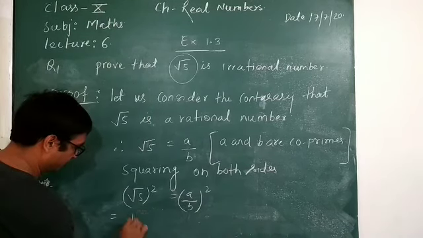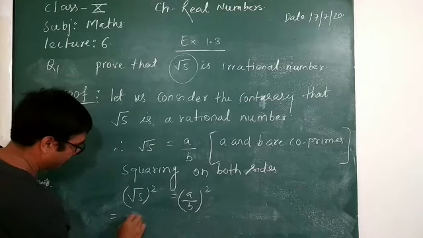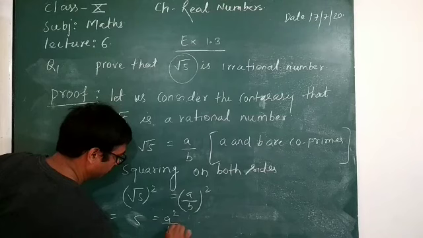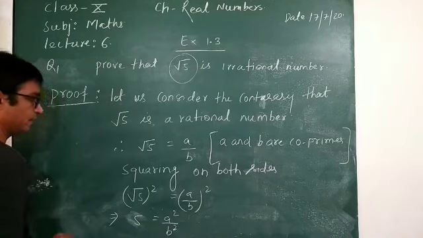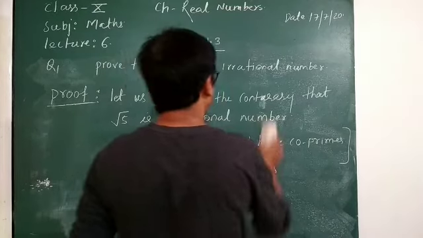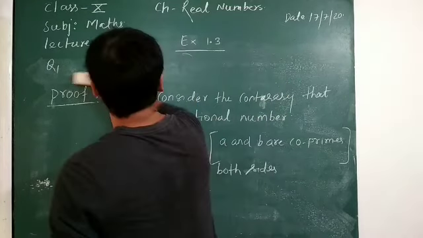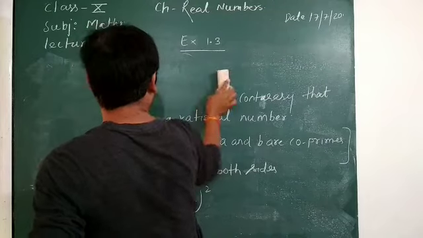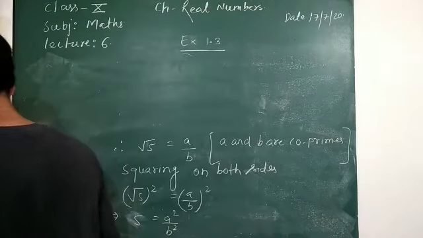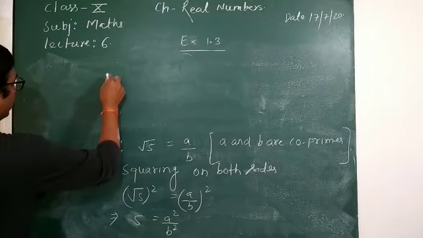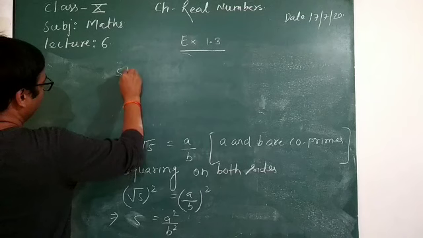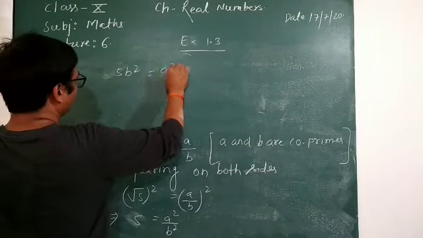So we get 5 is equal to a square upon b square. Again we can write 5b square is equal to a square.